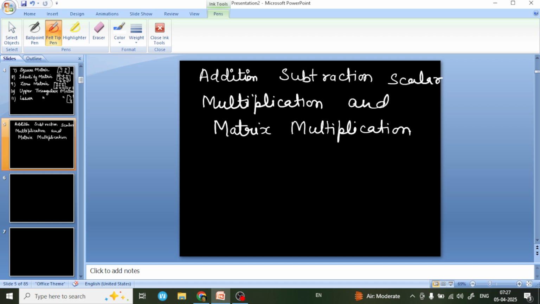You have to keep in mind that when you want to add or subtract matrices, 2 matrices or 3 matrices, their order should be equal.